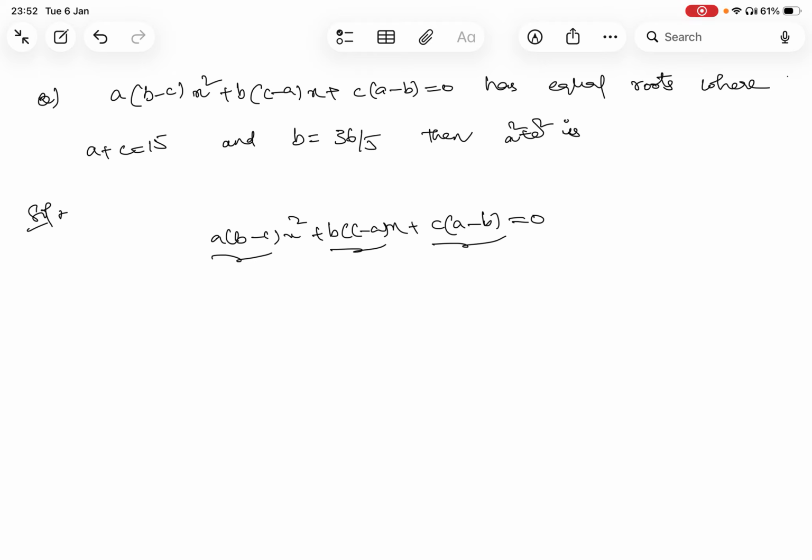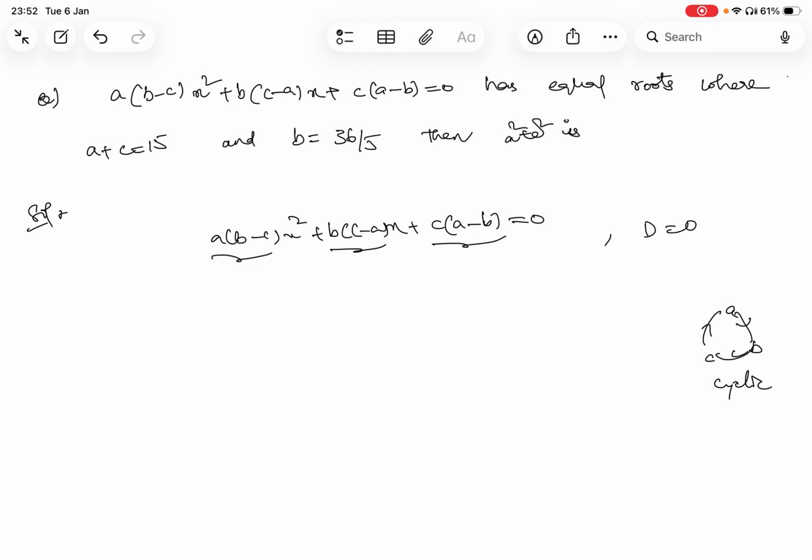I mean to say a(b minus c), b(c minus a), c(a minus b) are cyclic. Now, it's given that it has equal roots. That means the discriminant is 0, right?